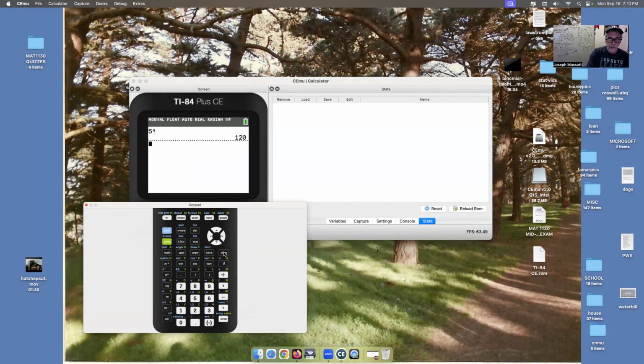So let's clear our screen and ask ourselves, how many combinations of, say, 3 out of 7? So when you put this in, you're going to put the total number of items first, the 7. So we're choosing 3 out of 7 here.